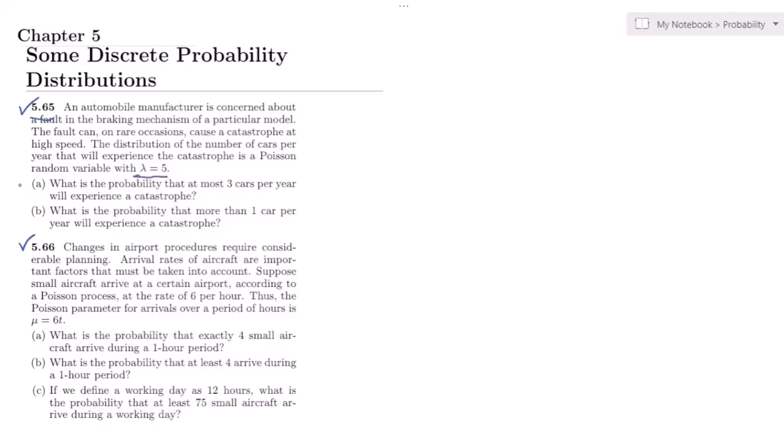On the basis of it, A, what is the probability that at most 3 cars per year will experience a catastrophe, and B, what is the probability that more than 1 car per year will experience a catastrophe. On the basis of this data provided, let us solve this question.